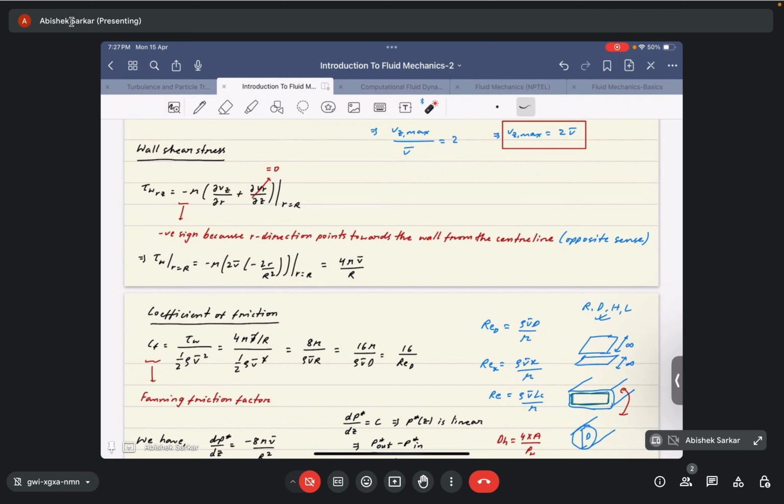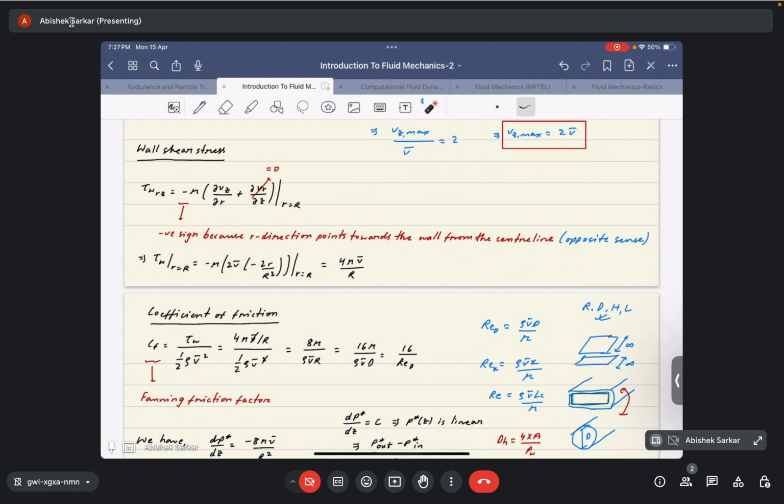We use a negative sign here because the positive r direction points towards the wall from the center line, in the opposite sense. Moreover, in this equation we will have Vr equal to 0, because we found that Vr equal to 0 for all r except at r equal to 0.